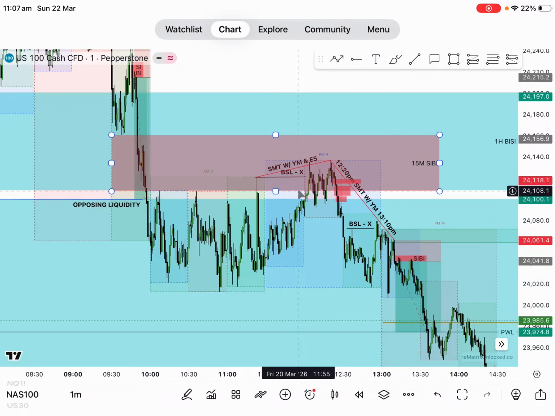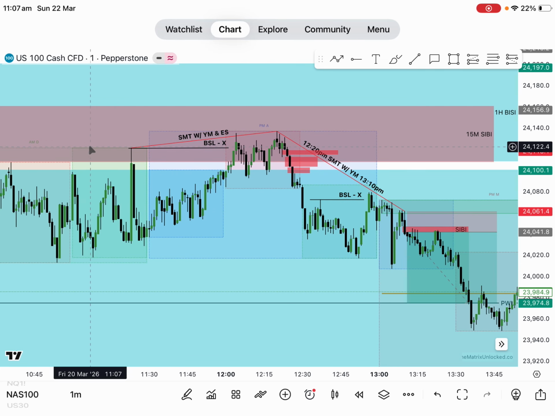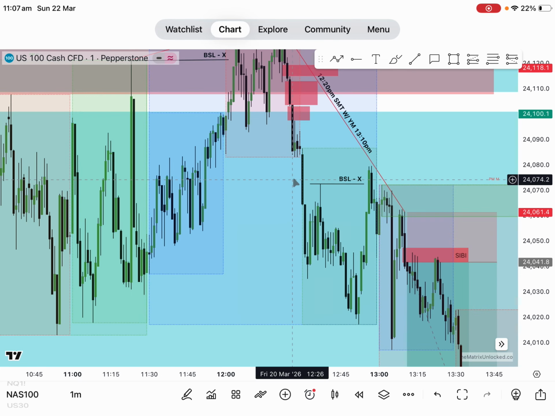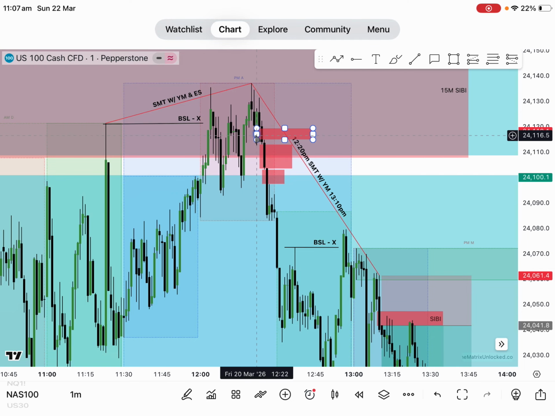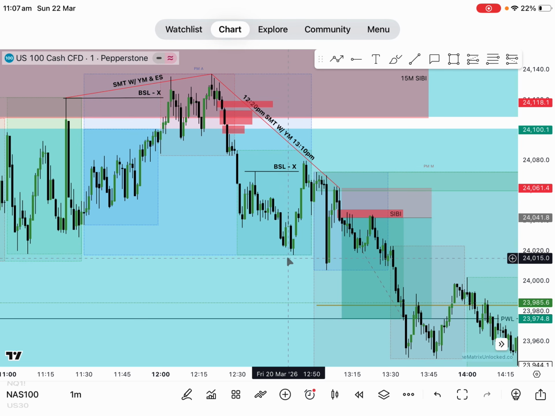Then comes 10, 11, 12, boom, at 12:20 there's another SMT. But look, just like that other trade, this first FVG didn't get filled. If you had the order here, it didn't get filled, over here didn't get filled. But don't worry, price comes down, comes up, buy side liquidity is taken, goes down, and then it creates SMT right here.